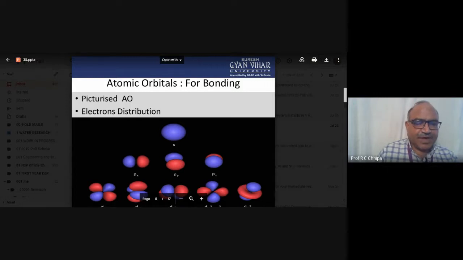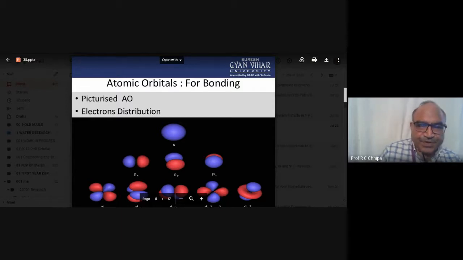So px, py, pz, and then dxy, dyz. The third d atomic orbital is dzx. Then the fourth and fifth are dx square minus y square and the last one, dz square.